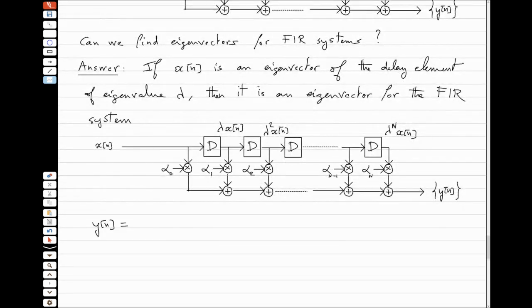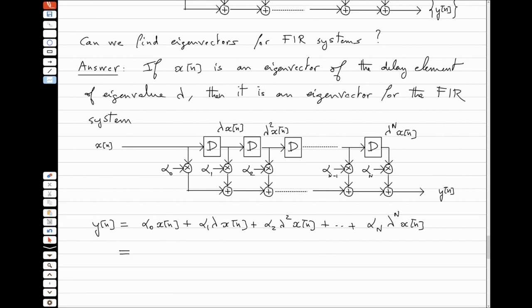So y of n is going to be alpha 0 x of n plus alpha 1 lambda x of n plus alpha 2 lambda squared x of n plus alpha n lambda to the power of n x of n.